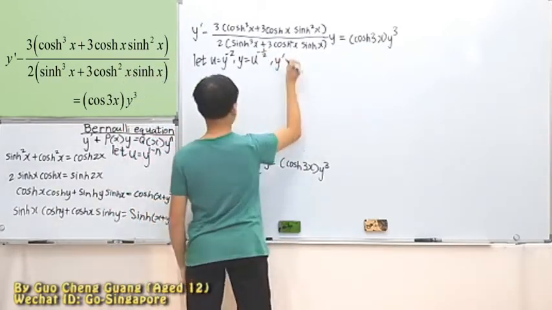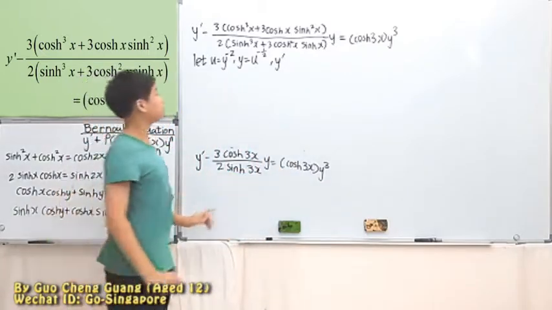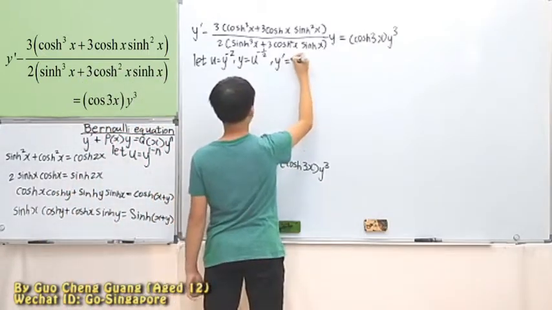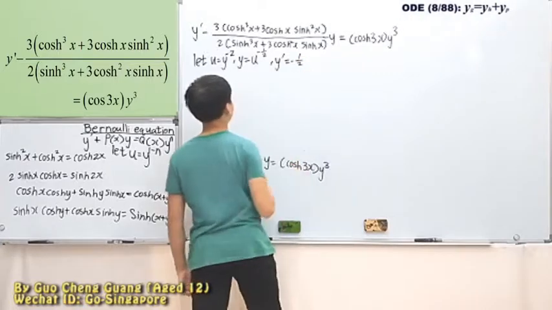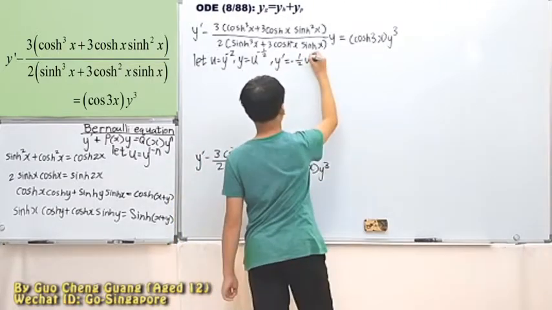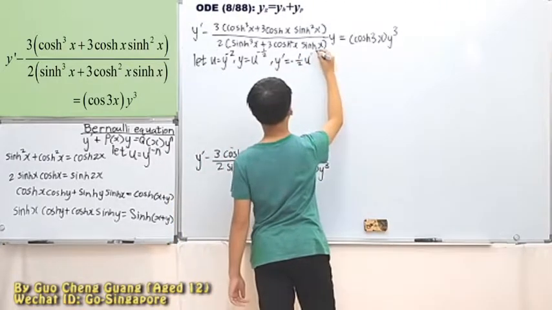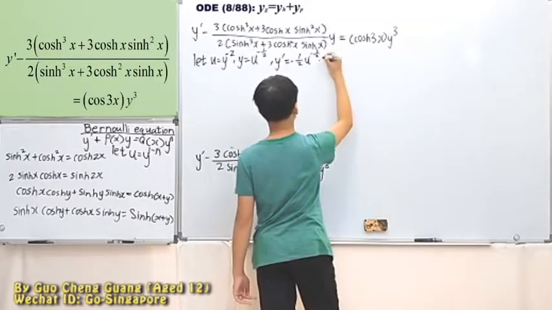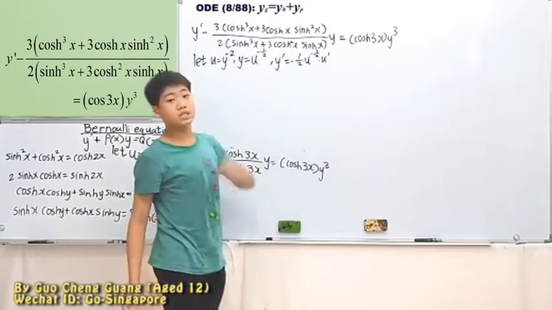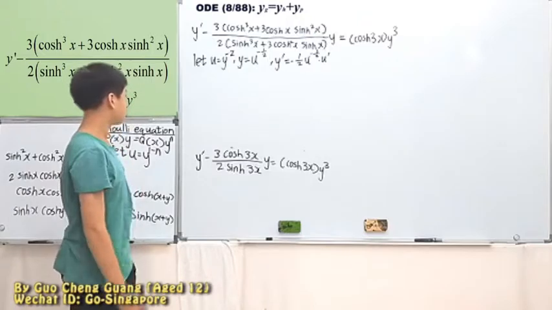Then after that, here you have your y prime. So y prime would be negative 1 over 2 times u to the power of negative 3 over 2, then of course, your first derivative of u.